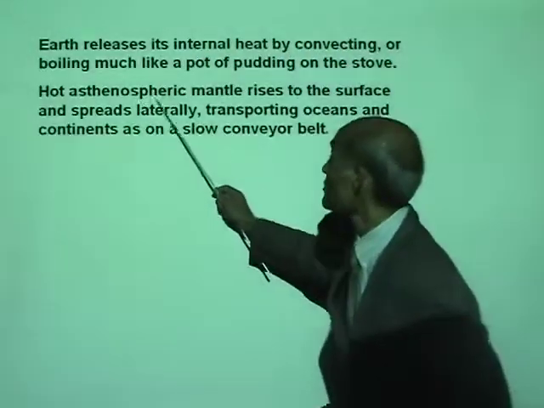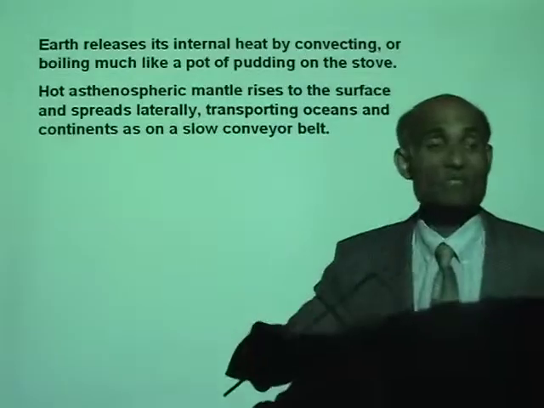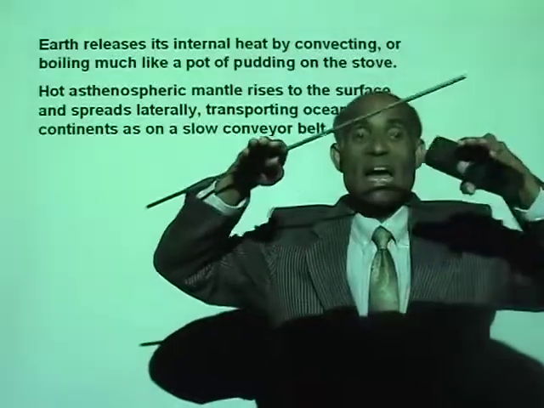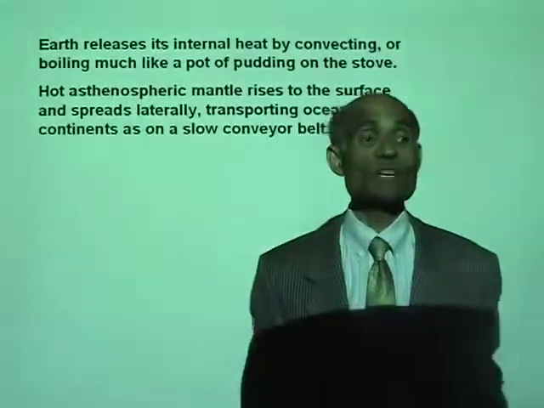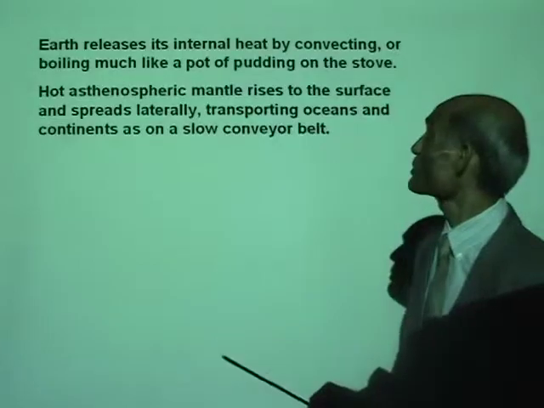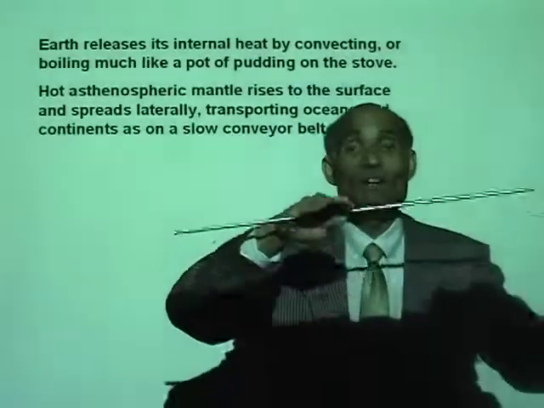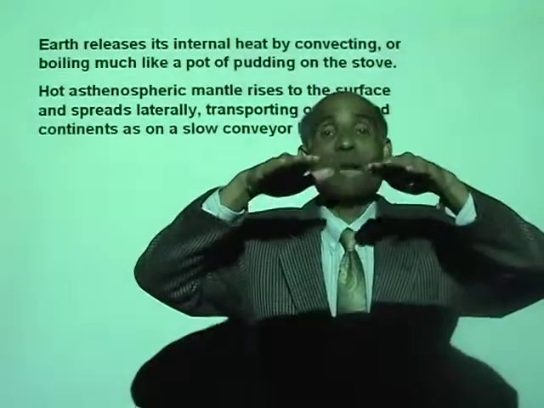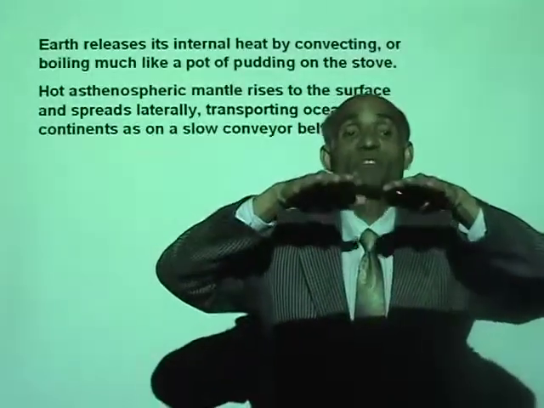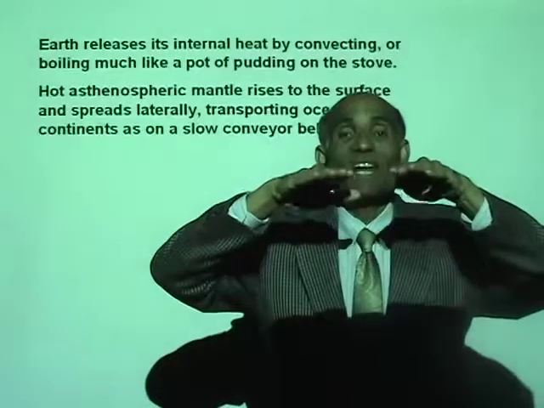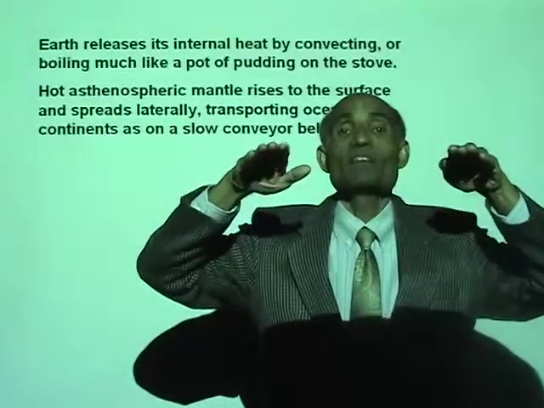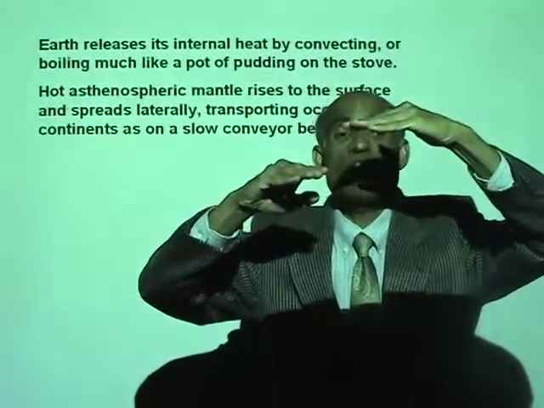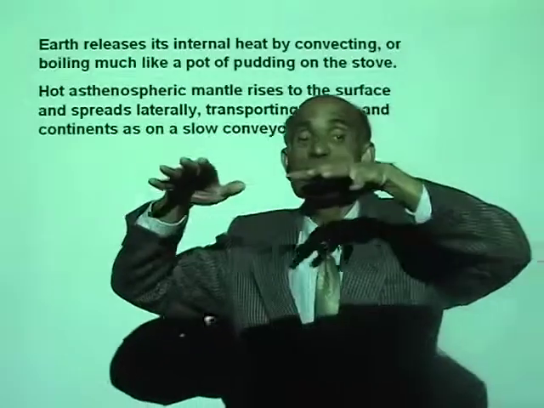Now, the hot asthenospheric mantle rises to the surface and spreads laterally, transporting the oceans and continents on a slow conveyor belt. So the motion of the upper part of the mantle, the asthenosphere, is actually like a conveyor belt, and the lithosphere, the tectonic plates, are sitting on the conveyor belt, moving with it.